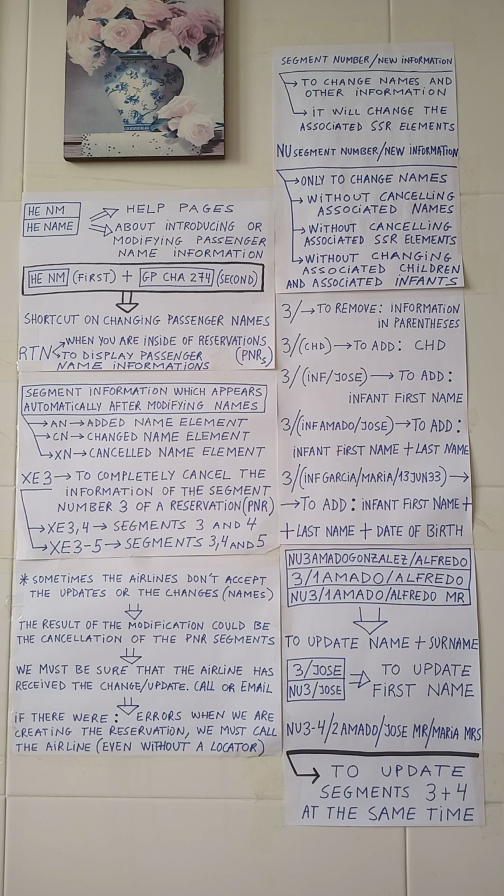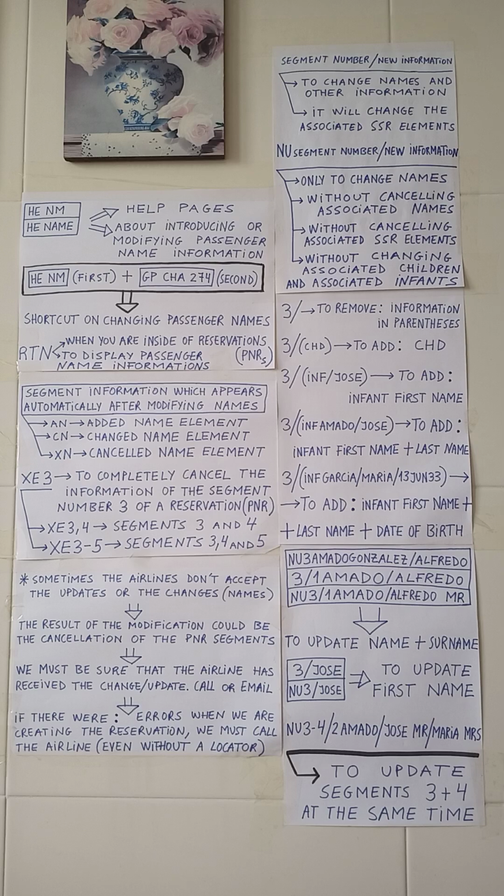The information generated within a PNR can be entered manually by us by writing transactions, but informational segments can also be automatically generated by Amadeus with the goal of expanding the information that we have previously entered.